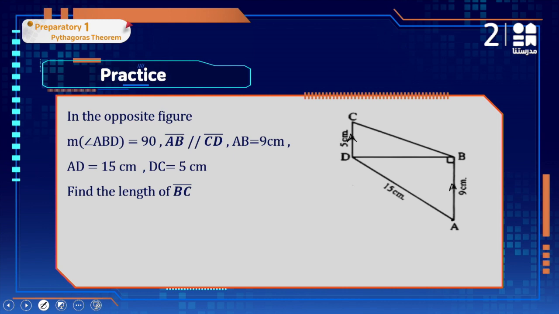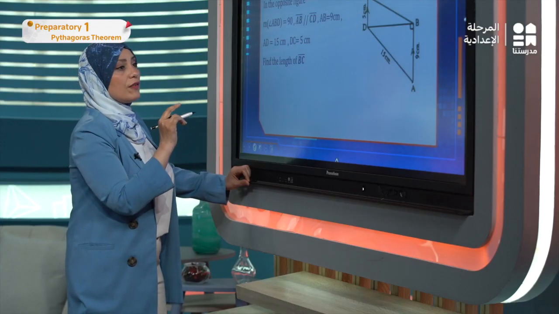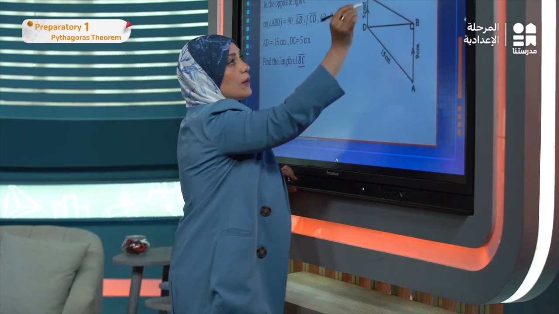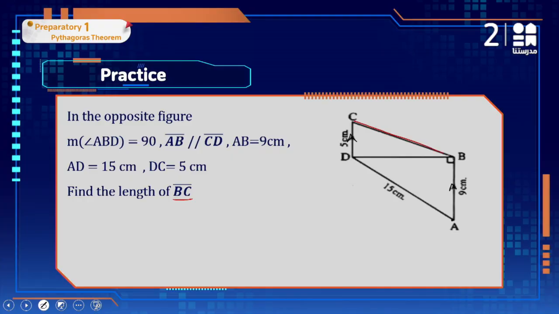Then AD equals 15, DC equals 5. Find the length of BC. We need this one. How can we find it? By using Pythagorean theorem. Actually, we have two sides in this triangle. We are going to work on this triangle first.